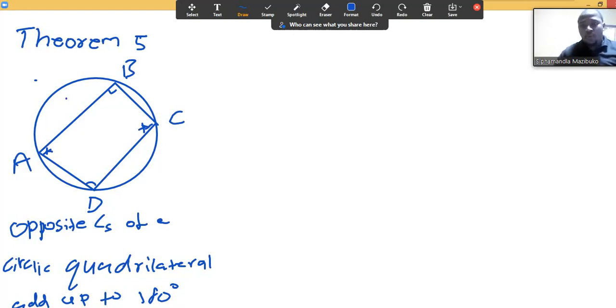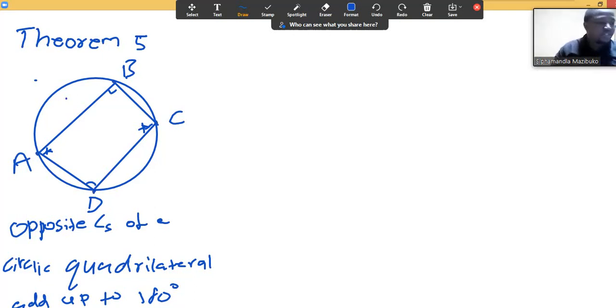So these two opposite angles must give you 180, but this is only possible if all your angles are touching the circle. Like you see, this A touches the circle here, it touches the circle here, here, and here.